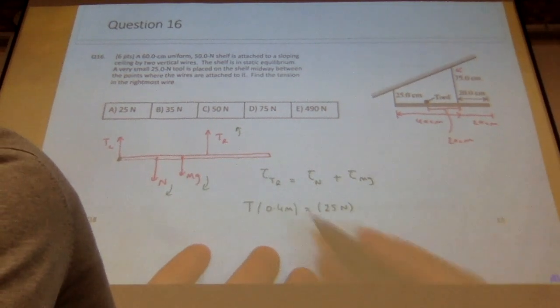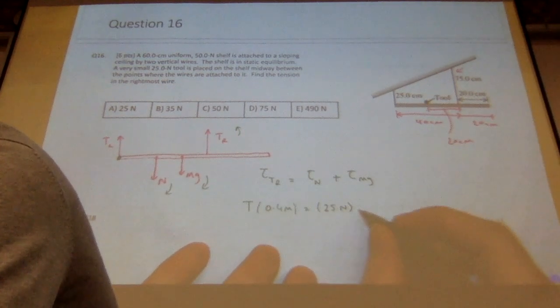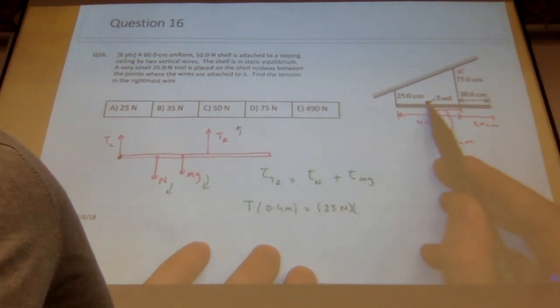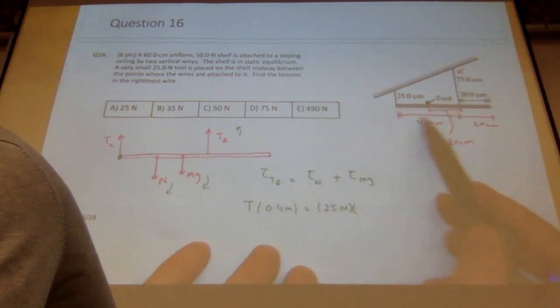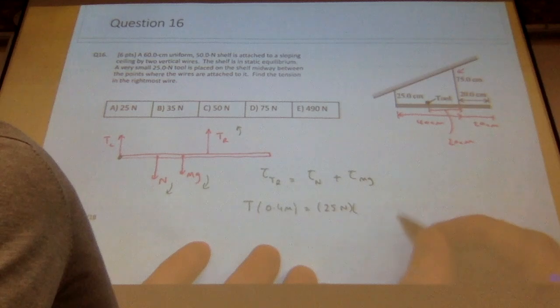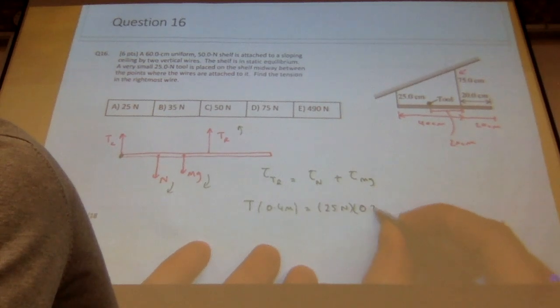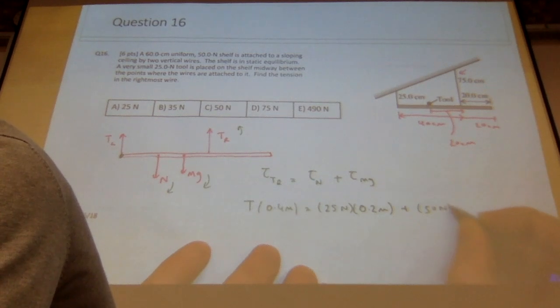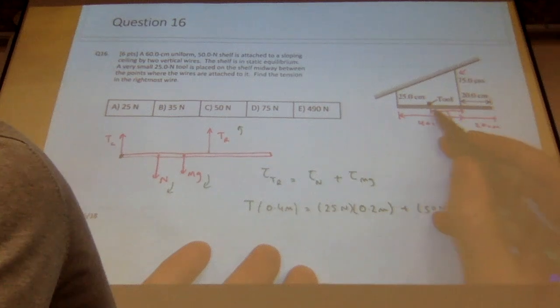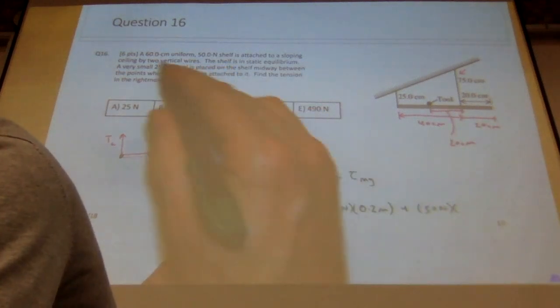Technically, the normal will be equal to its weight. And if it's exactly halfway between the two wires, that means it's also 20 centimeters, so 0.2 meters from the left end. And then the weight force is a 50 Newton weight times 0.3 meters, since it's a 60 centimeter rod.